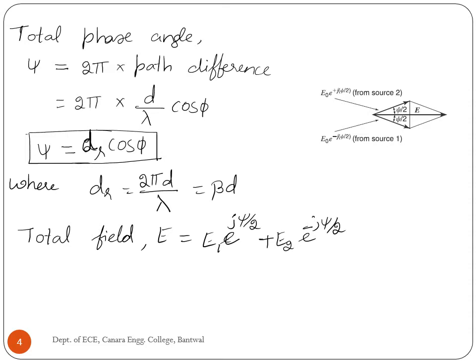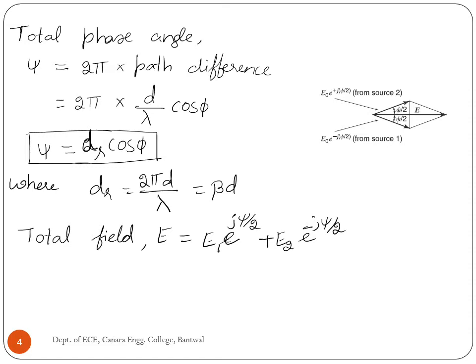The figure shows the vector addition of the fields from two isotropic point sources of equal amplitude and same phase. Here sources 1 and 2 are placed symmetrically with respect to the origin. The total phase angle is divided into equal halves, with source 1 having a lagging exponential factor and source 2 having a leading exponential factor.